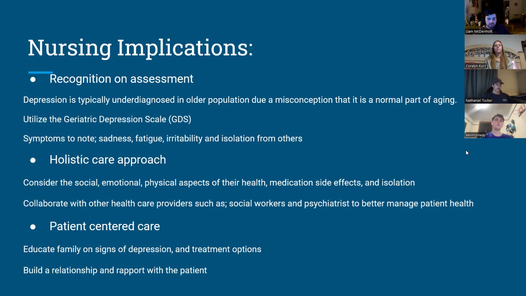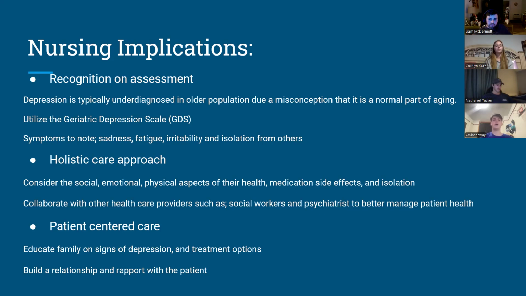Another thing that nurses will do is holistic care approach. So we really want to consider all aspects of this patient's health, because it could be different things that are triggering depression, such as a social aspect where maybe the patient's family member, someone close to them, passed away. An emotional aspect, how are they dealing with that person passing?